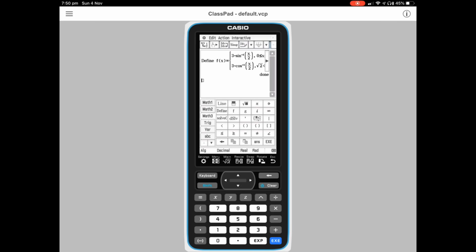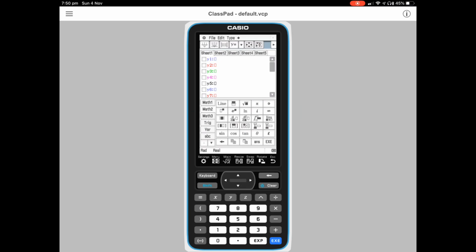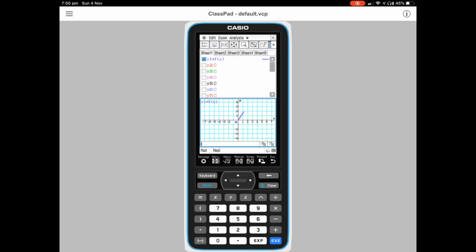Define it as f of x. Go into here, make sure your calculator's in that. Put in f of x. So that's it sketched.